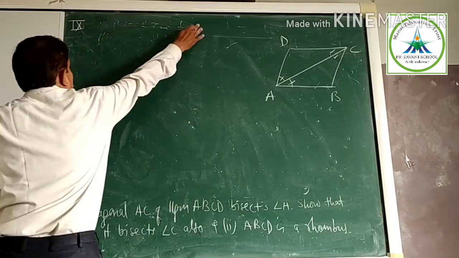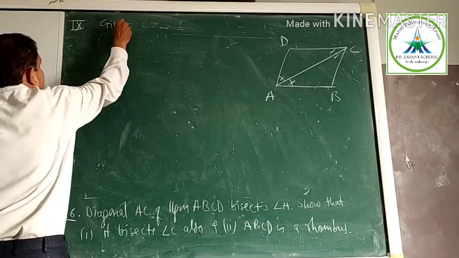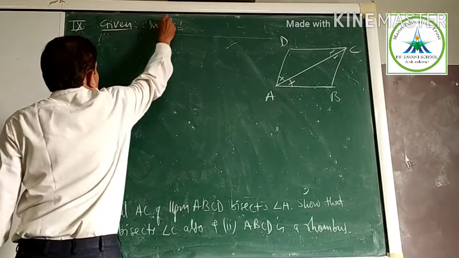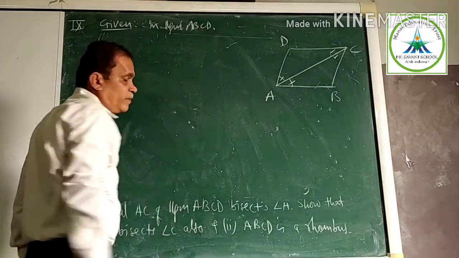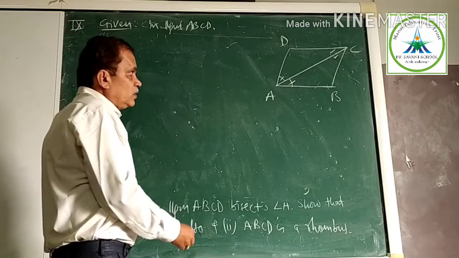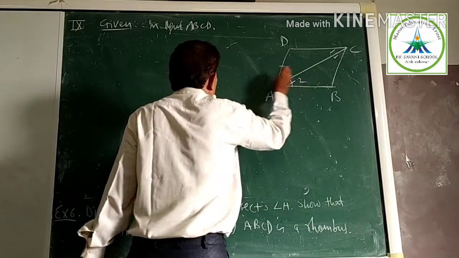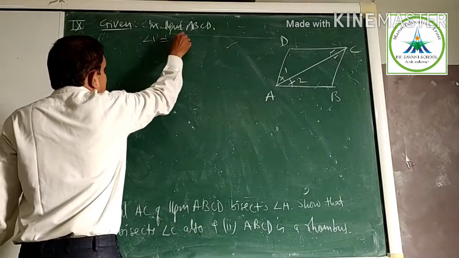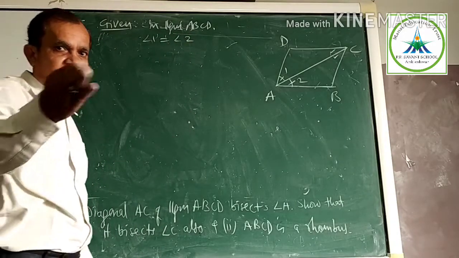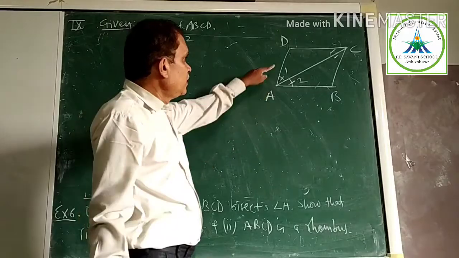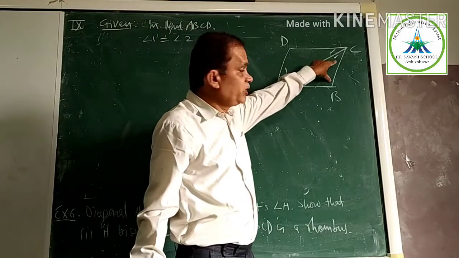Given, first write the given. In parallelogram ABCD, we can number it. Angle 1 equal to angle 2. Right? Now see students, you will see AD equal to BC. Yes or no?